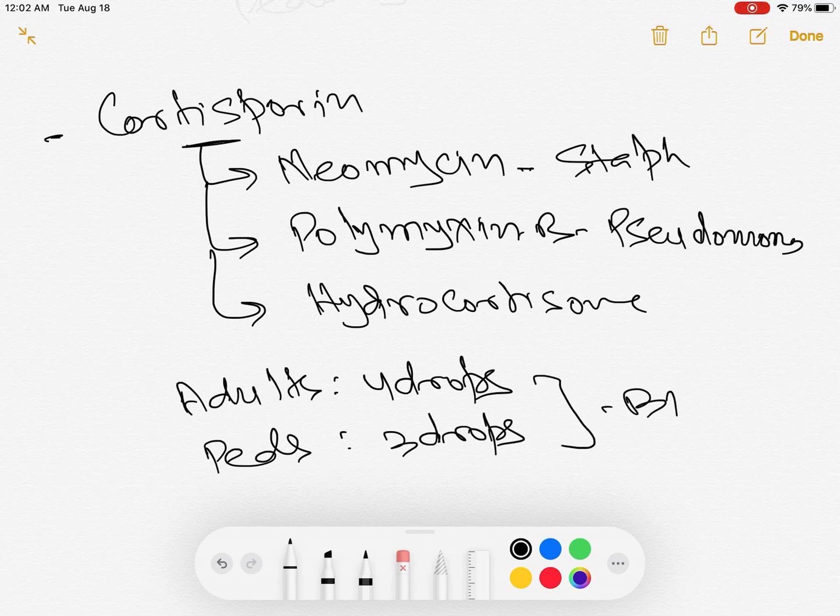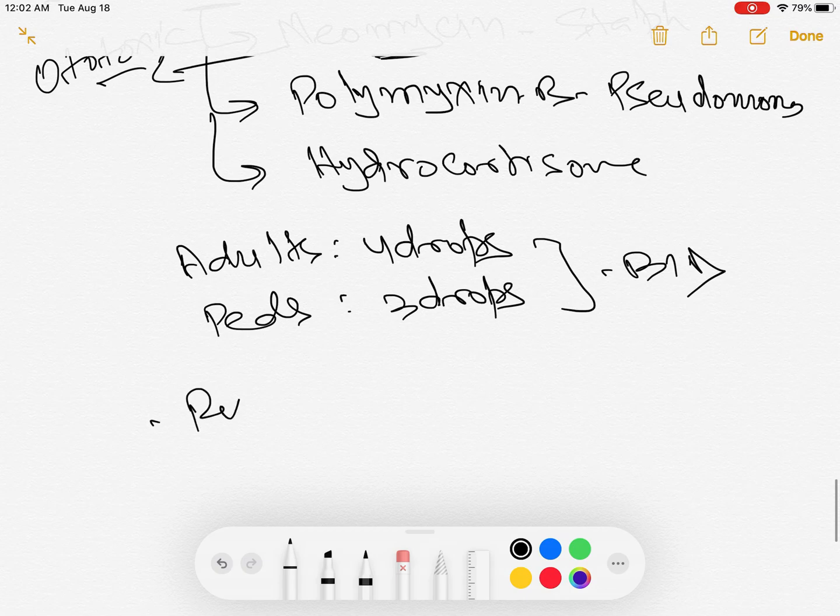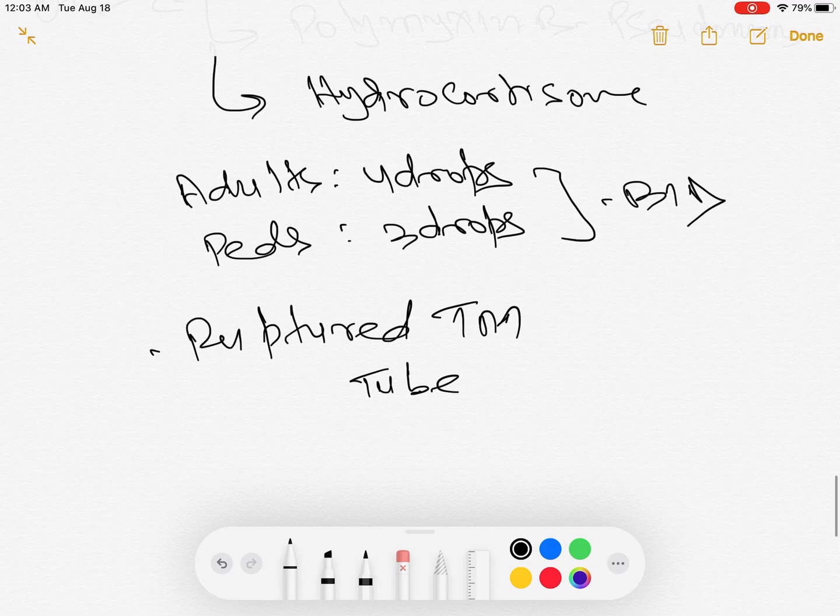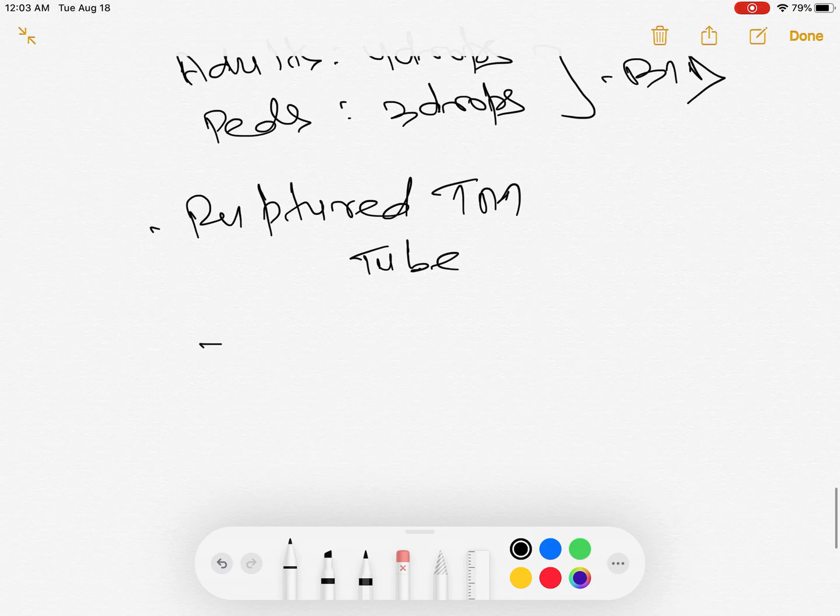twice a day, BID. Well, the problem with Cortisporin is that your neomycin, which happens to be an aminoglycoside, is ototoxic. So if you have a ruptured tympanic membrane, or if the patient has a tube in the ear, or if you did not get to look at the tympanic membrane and you don't know if it is intact or not, in this case do not use Cortisporin.